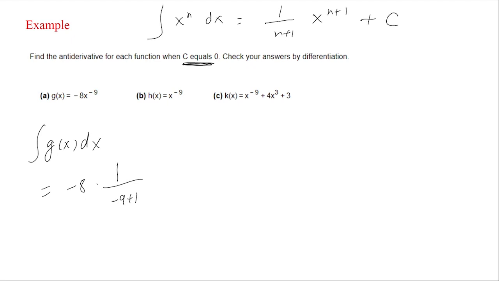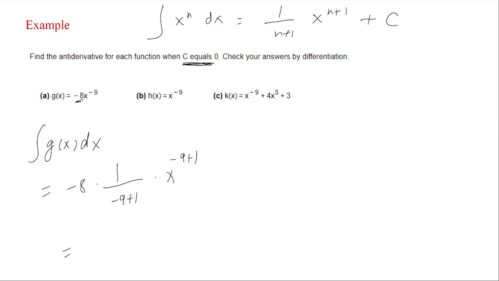So it's just the reverse of the derivative. In the derivative, we multiply by n times x to the power n minus 1, but in the antiderivative, you divide by n plus 1, and the exponent becomes plus 1. So in this case, it would be -8, coming from here, and n is -9, so n plus 1 is -9 plus 1, times x to the power n plus 1.